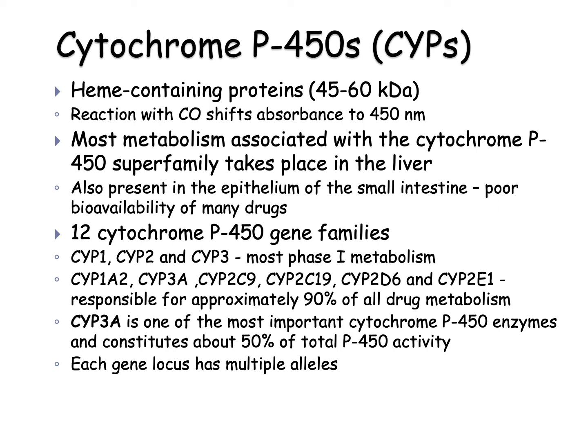Some examples are shown here. Not really necessary that we go into that, but there are a number of alleles of each locus, so there's a lot of variation from one person to another, and that's why some people can metabolize some drugs faster than other people.